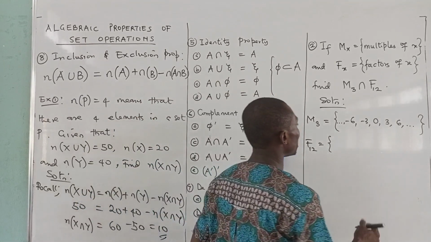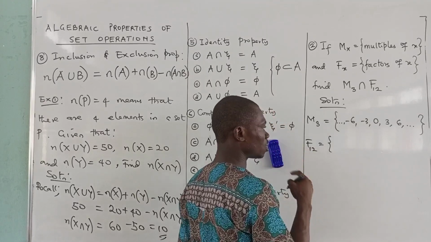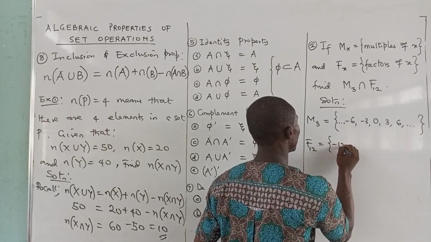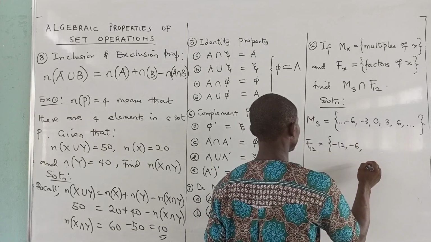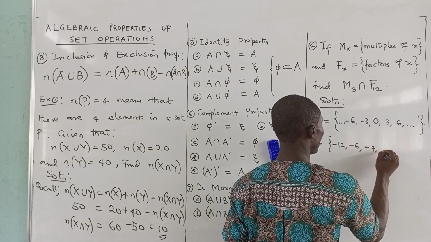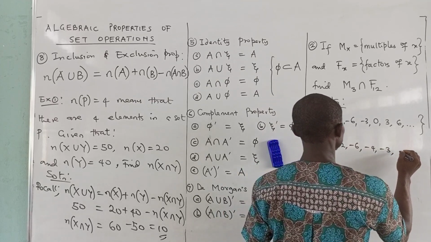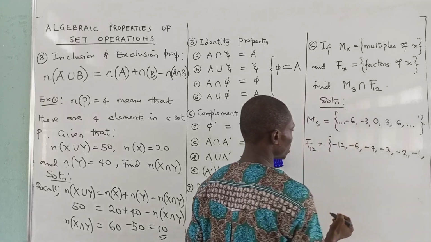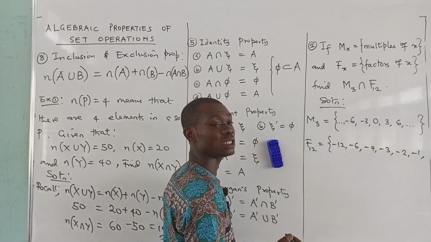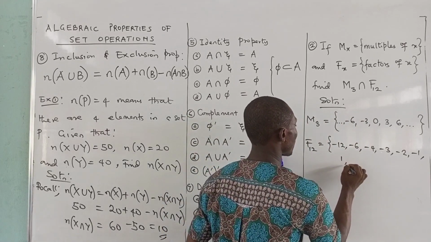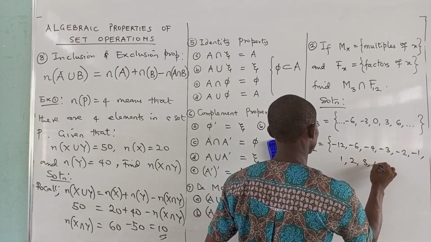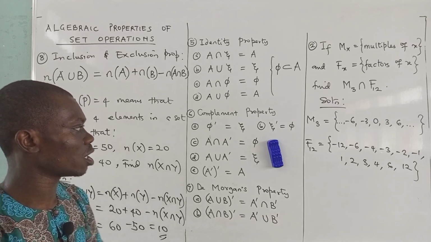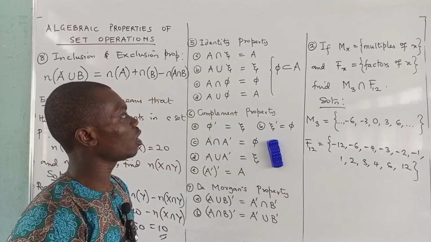And so that means the factors of 12 are going to include the negative values, which are minus 12, we'll have minus 6, we'll have minus 4, minus 3, minus 2 will be there, minus 1 will be there. Of course, there won't be 0 because 0 cannot divide a number. And then we'll have 1, we'll have 2, 3. So we have all of these as the factors of 12.